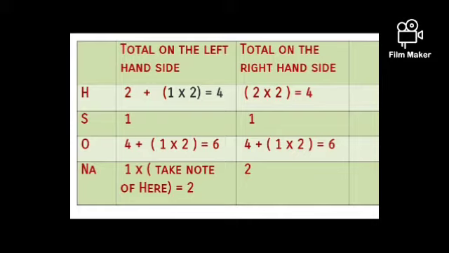Now, if you go to sodium, I said 1 times, and I said take note of here. Something has been distorted, that's why I'm saying so. But when we add what I'm doing there, we're going to have 2 in the end, so that we're going to have 2 also at this end. That's at the right hand side. Now, for the sodium part where I said take note, go back and see the time we tried to balance oxygen.